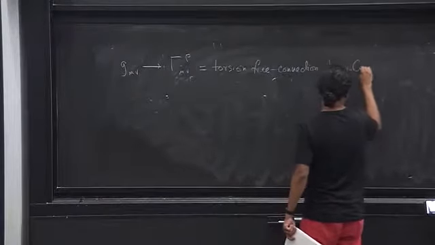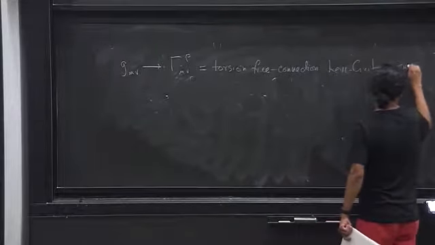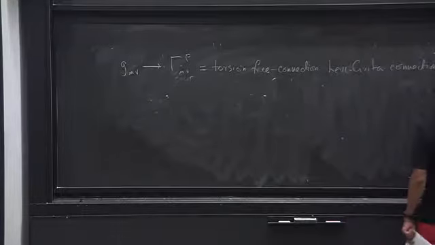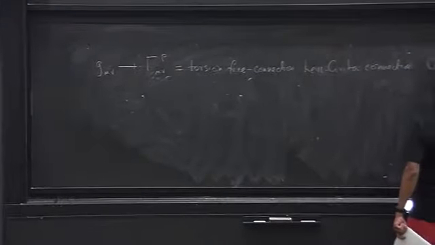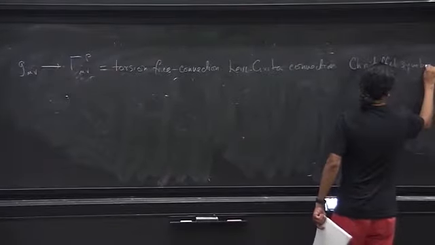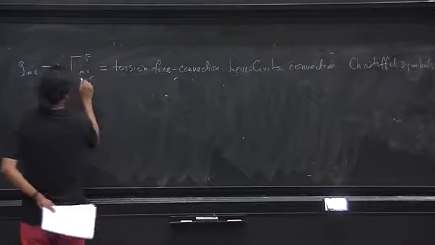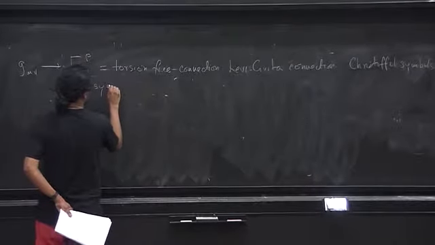This is called the Levi-Civita connection. It's also called the Christoffel symbol. This is not a tensor object, but the important thing here is that this is actually symmetric in these indices.